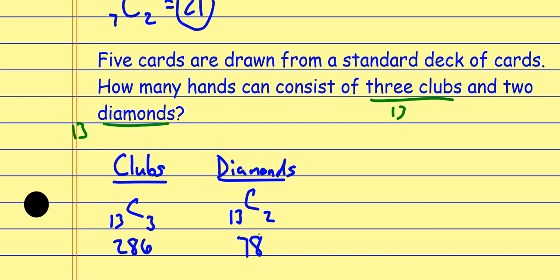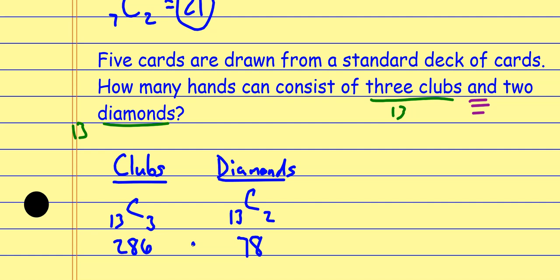But now, what is this answer? Do I leave 2 separate answers? Well, here's the key. See what word I see here? The word and. All right? And you can think of this 2 different ways. You can think, well, an and is when I multiply probabilities. And it's the same thing here for the possibilities. Okay? So and means I multiply. You can also think of it as the fundamental counting principle. See, basically, there are 286 ways I can get the 3 clubs. There are 78 ways I can get the 2 diamonds.